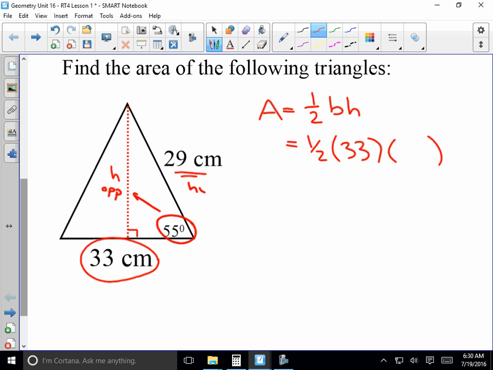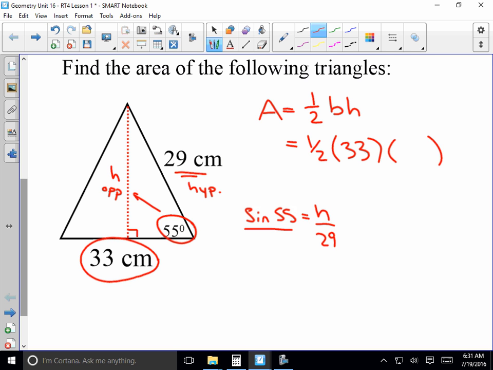We're given the hypotenuse, which is across from the 90-degree angle in this smaller triangle on the right-hand side. So in order to find our height, we're going to use the sine function. So the sine of 55 degrees equals opposite h over hypotenuse 29.